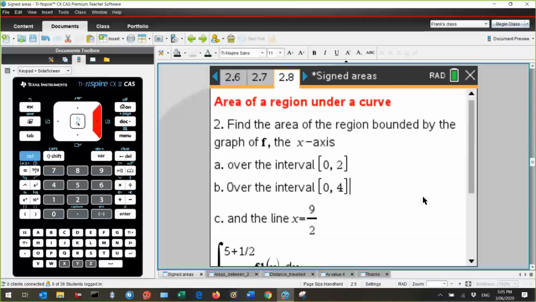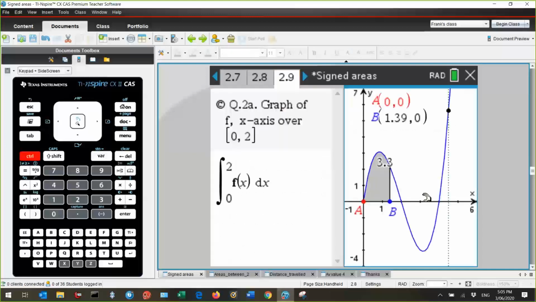Now, sometimes I want the total area under the curve. I'll do the same thing, except this time I'm interested in the total area enclosed between the graph and the x-axis over those intervals. For the first one, it's exactly the same: the area was just 4 because that was a positive area, no drama there.